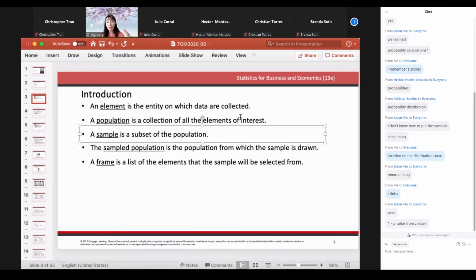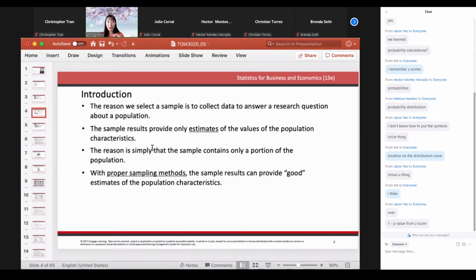So we always have to make the transition between population and sample. If we don't have population data, we use the sample data to make what we call estimates, just because we don't see 100% of the data. The sample is only a portion of it, so we can only estimate.